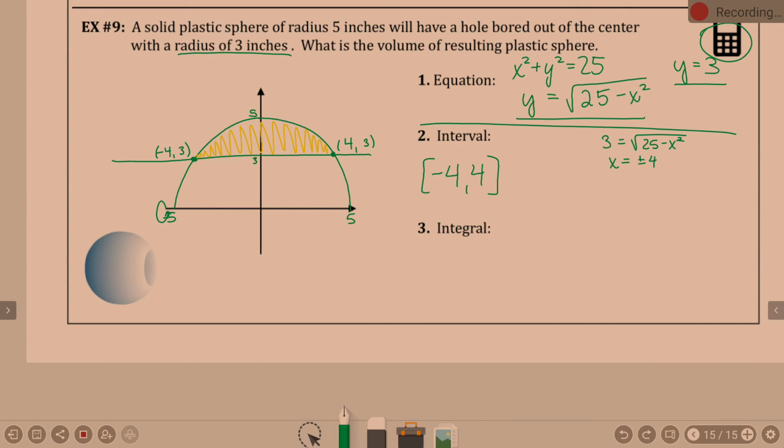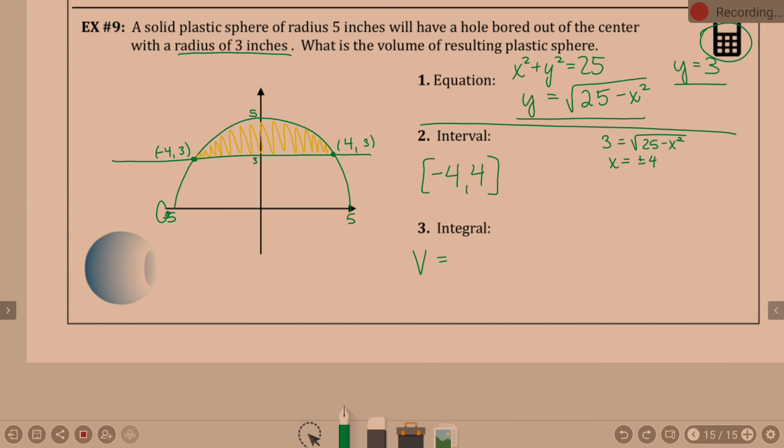Is it a big deal to put negative 4 to 4 in your calculator? No. If I'm doing this one by hand, I definitely like the idea of 2 times the integral from 0 to 4. That's my point I'm going to make there. But yes, both, this is definitely symmetric. I'm good with that. Okay.